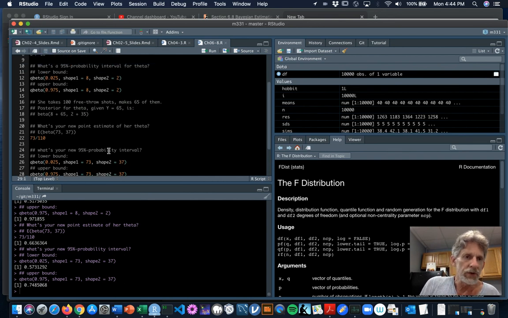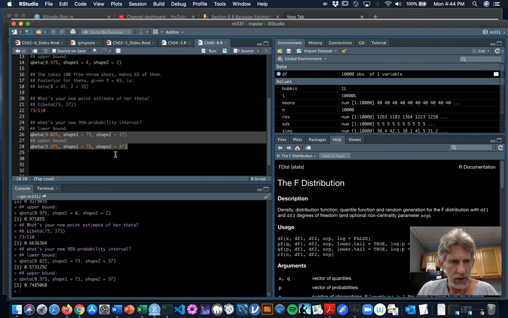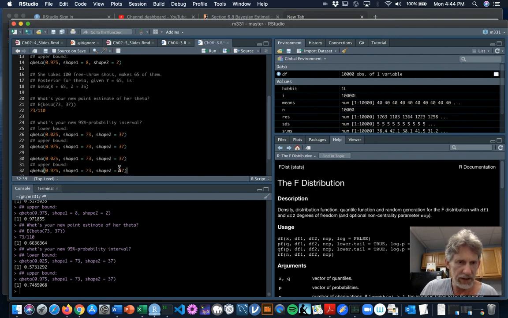If I were to give her another 100 shots and say she makes 70 out of the next 100, then what would be my new interval? Let me just copy these upper and lower bounds, paste that in.